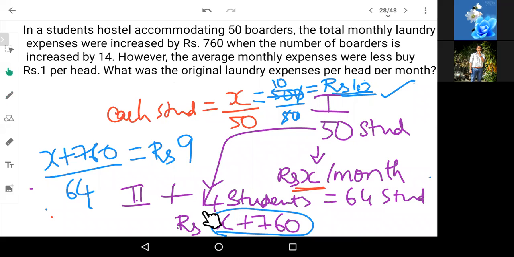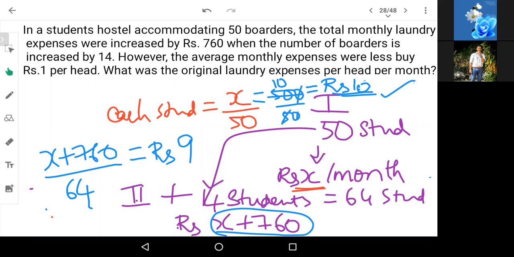Now 14 extra students came into the hostel. Now the laundry expenses went up by 760 rupees, which means X plus 760 rupees for 64 students. This is overall.